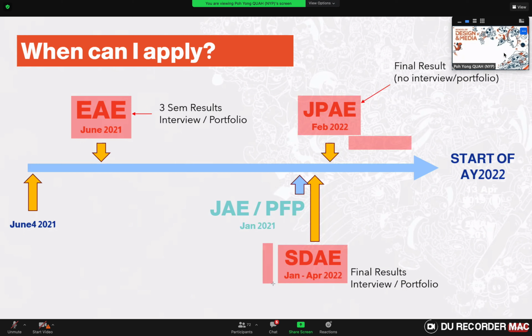SDAE is the last exercise that all polytechnics will have, where anyone who is interested to study in the poly, regardless of the qualification they have, will try to apply. Can you imagine the number of candidates that we receive during this exercise.